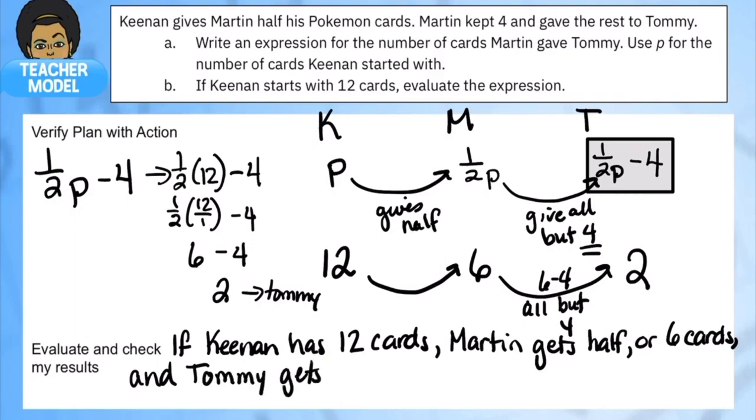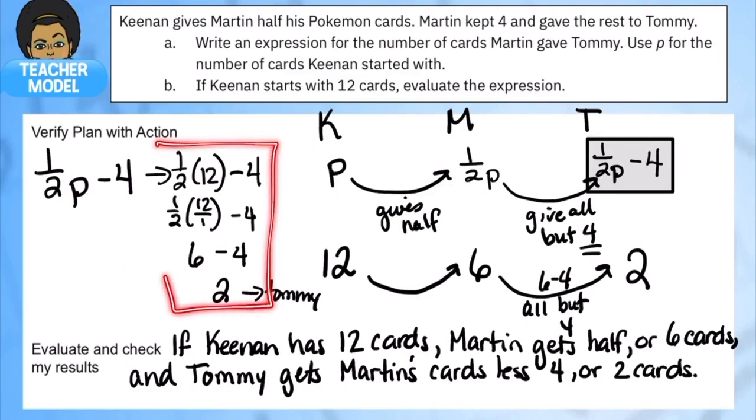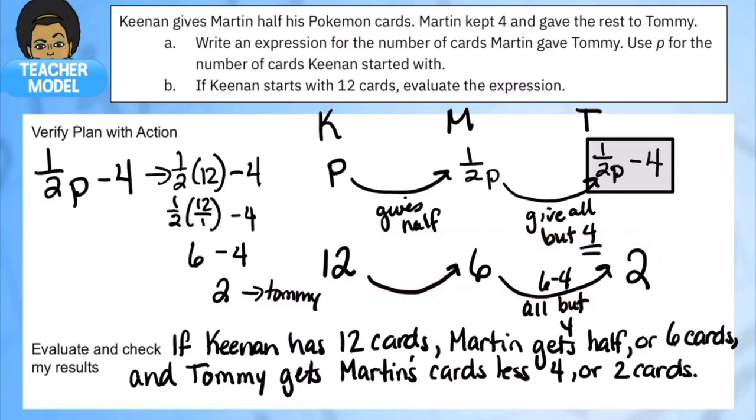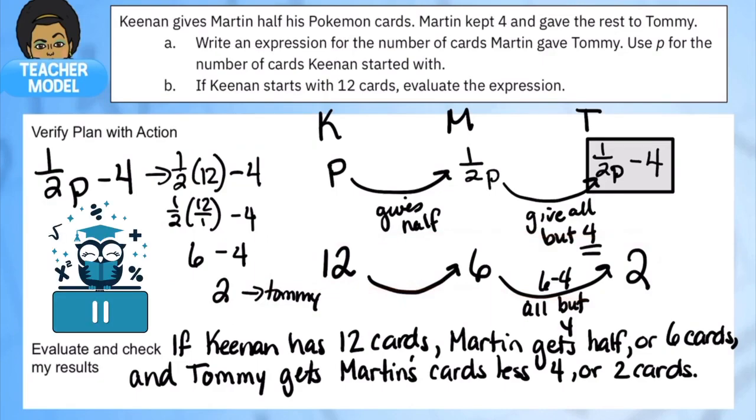And Tommy gets Martin's cards less 4, or 2 cards. And I can see it both if I evaluate it, P equals 12 over here, or if I used my flow chart, I could also see it. So let's hit pause and jot this down into your notes.